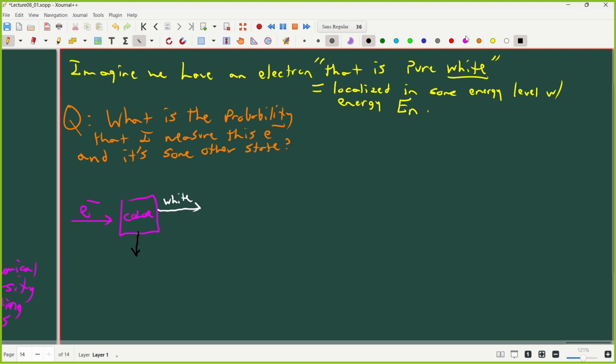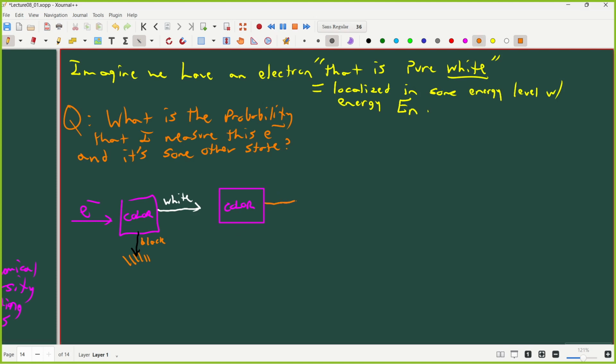We get rid of them. Now I'm going to let this white electron propagate down its line, and I want to measure the color again.